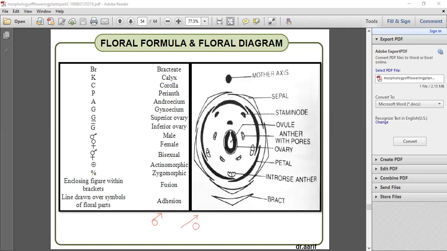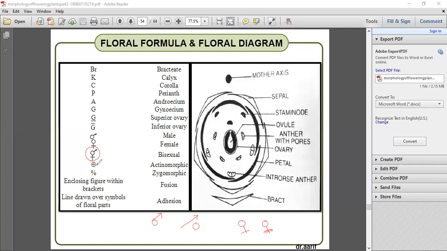Masculine characteristics are represented by spear and shield, whereas the female symbol represents a mirror with a comb. So it is the symbol of feminine character. Now if both of them are combined like this, we call it bisexual.